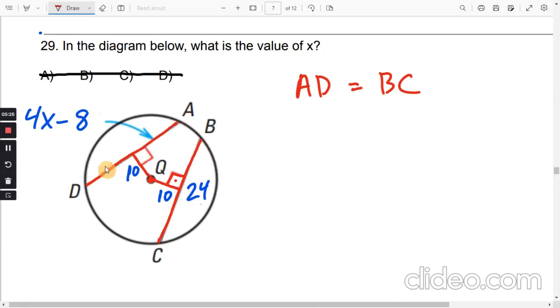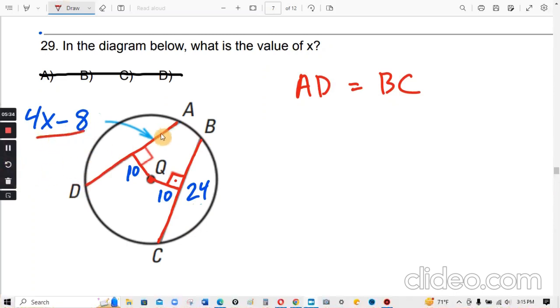All right, and AD is represented by this algebra expression. I know it looks like it's just pointing to this piece, but on the test I'll make it so this expression is the whole thing instead of just this piece right here. Okay, so this whole thing is going to be 4x minus 8.